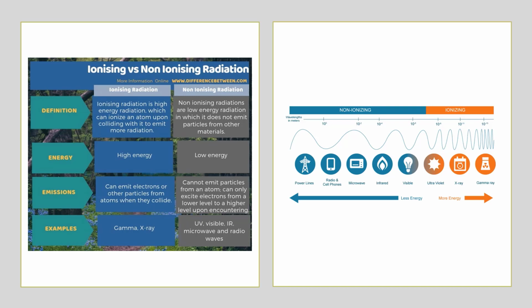So we're looking at the energy which cannot ionize an atom. This is non-ionizing radiation, and radiation whose energy is so high that it can ionize an atom. When it ionizes an atom, it changes the structure temporarily, and this can result in a mutation.